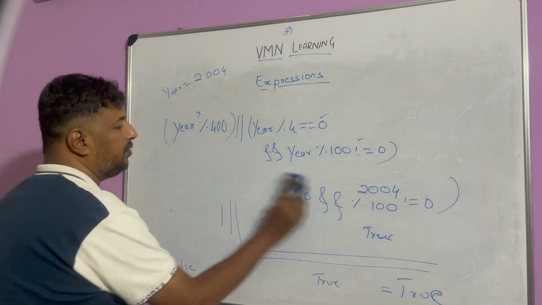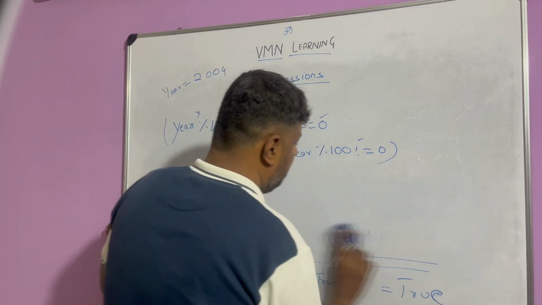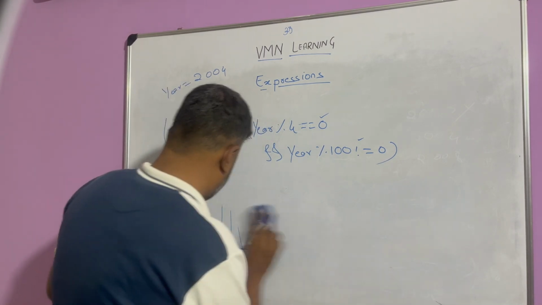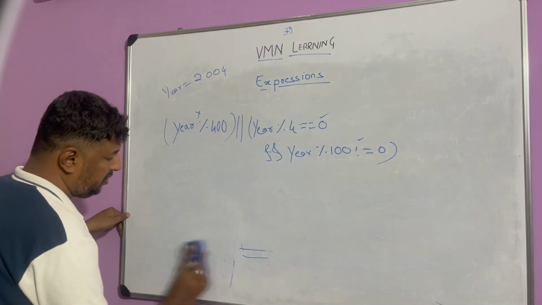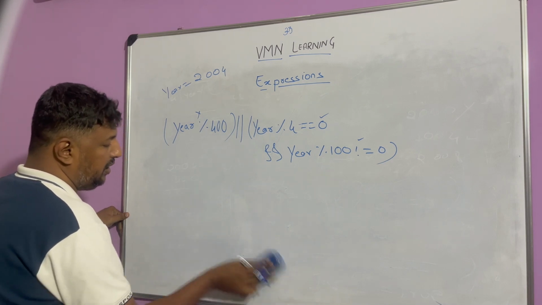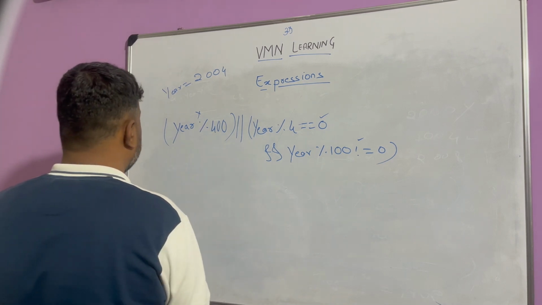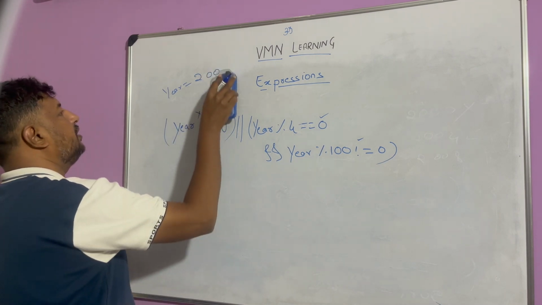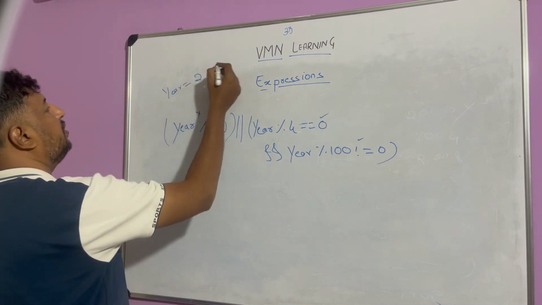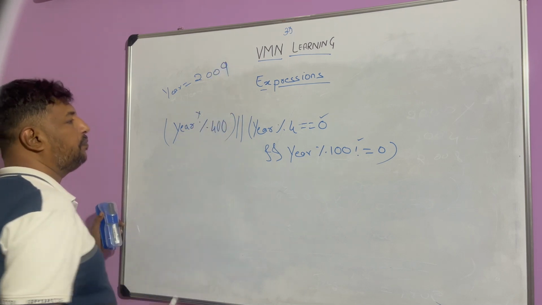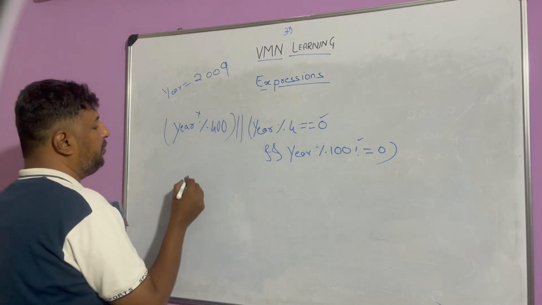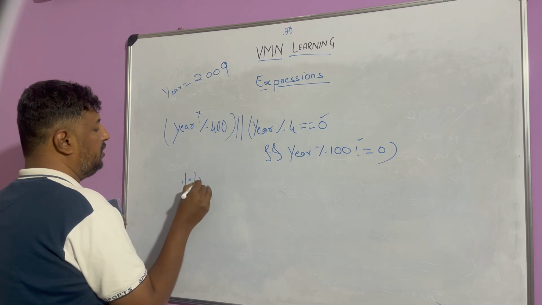Similarly, we can test many things. Now let's consider 2009. Was it divisible by 400? False.